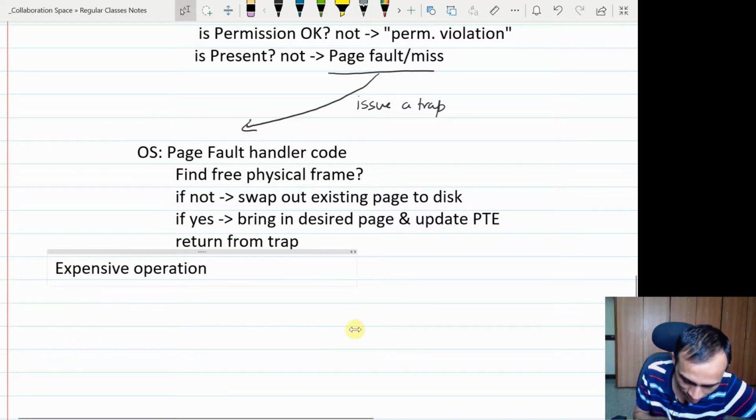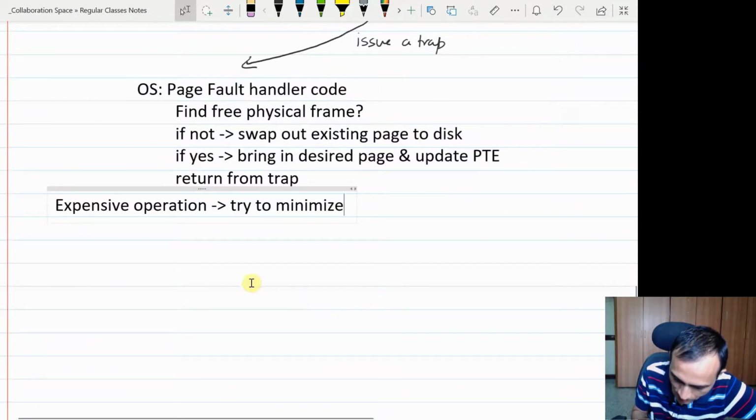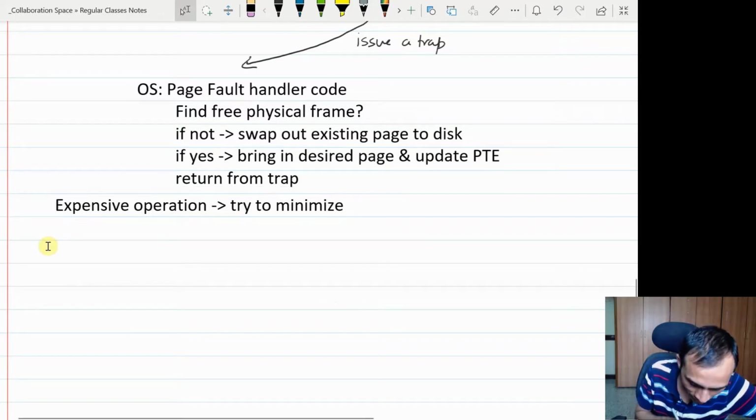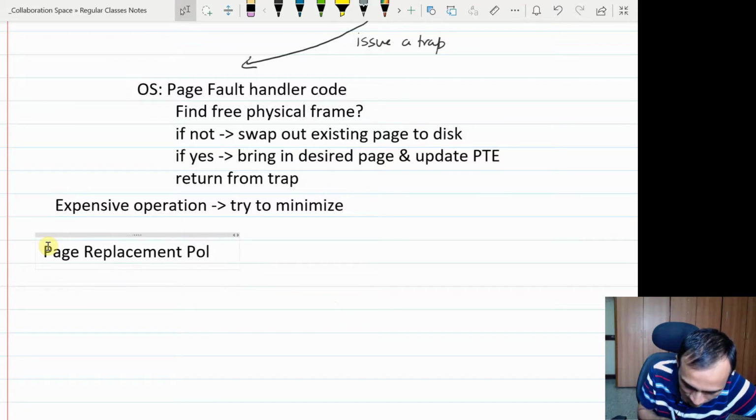So we have to minimize this as far as possible, and that's why a great deal of work has been done on finding a good page replacement policy, which can try to minimize the number of page faults.